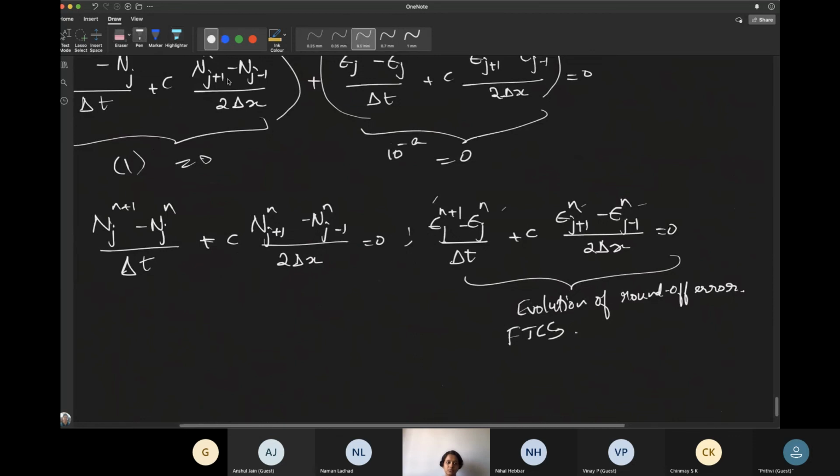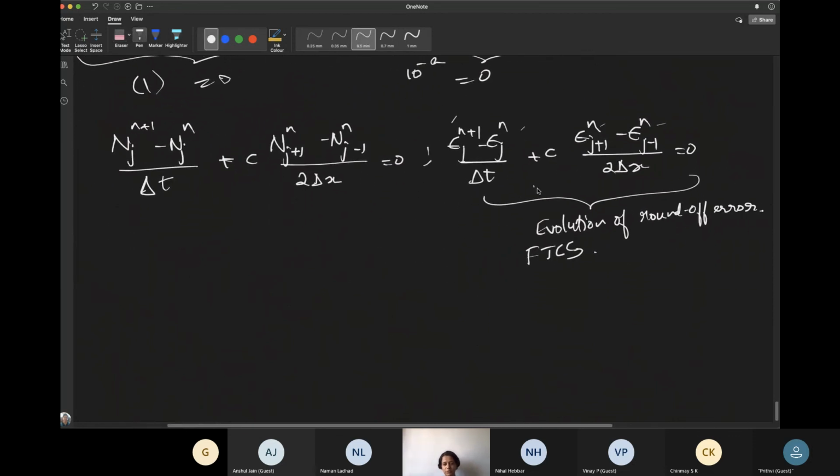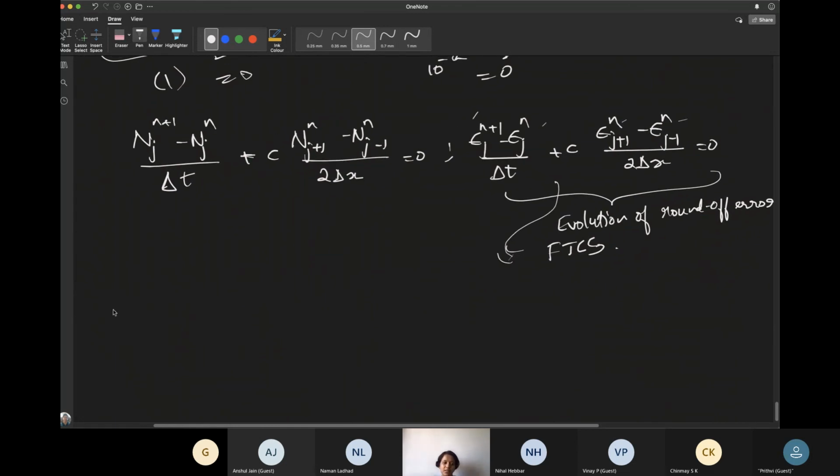And then, using this evolution equation, you see how the error evolves over time. That is, you can now do a Fourier transform for this error equation.